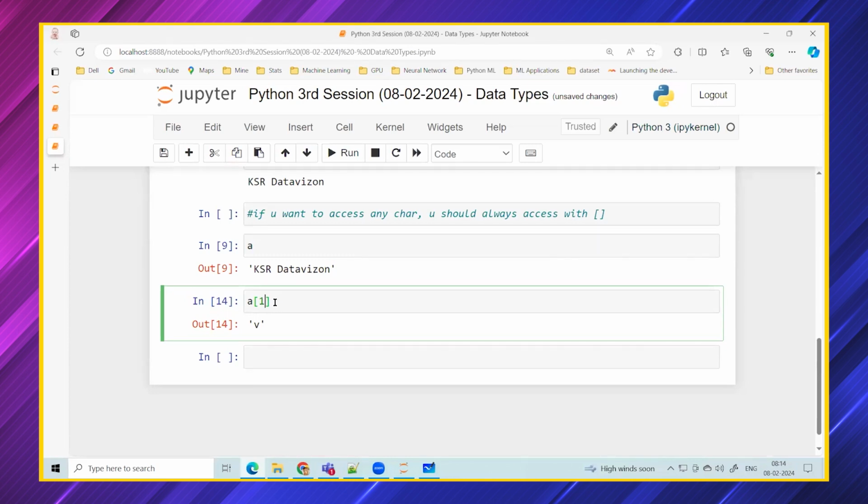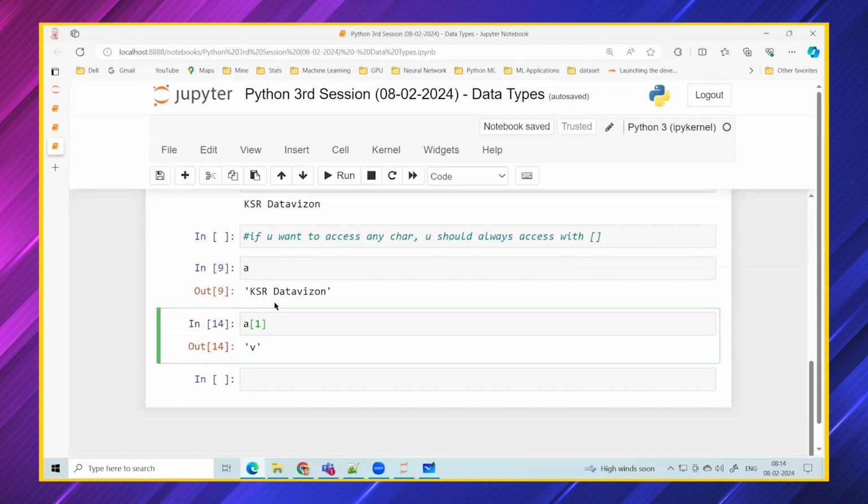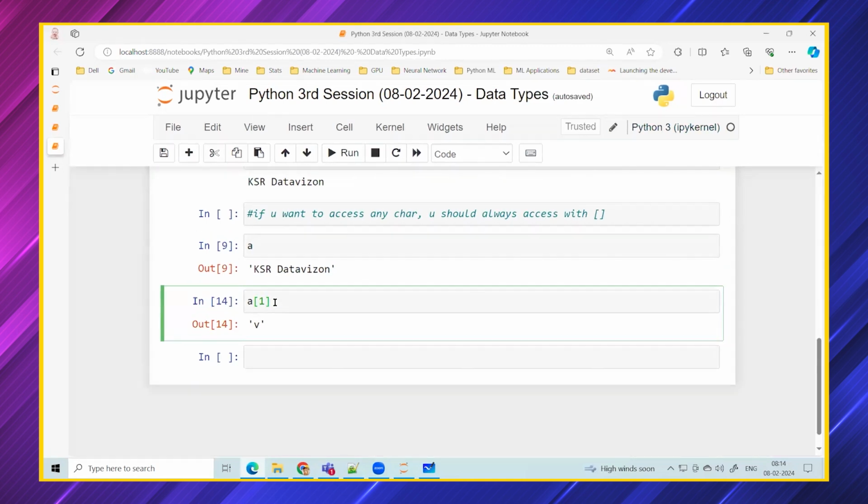A of 1 means the first letter, I need to get the first letter. When I run this, I'm actually getting the second element. K is not coming, S is coming.